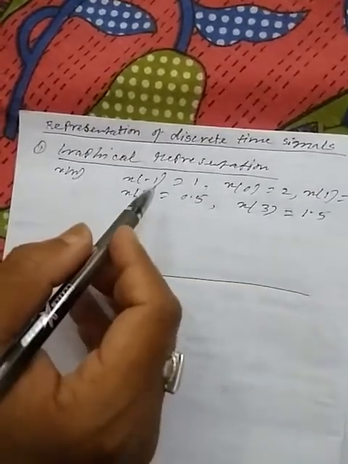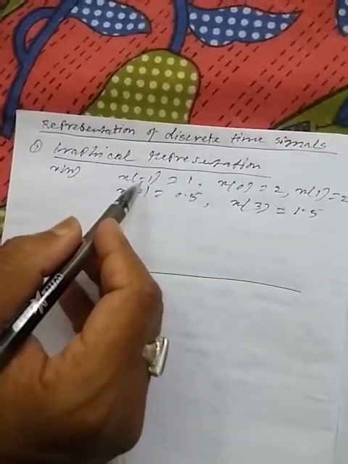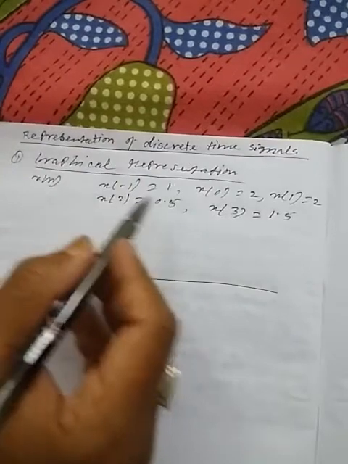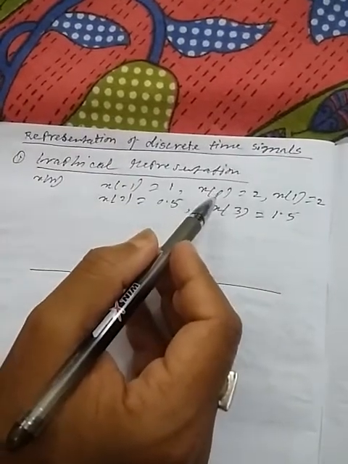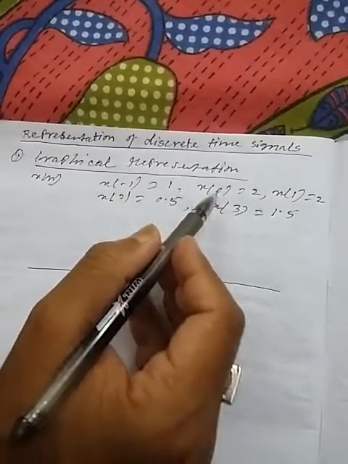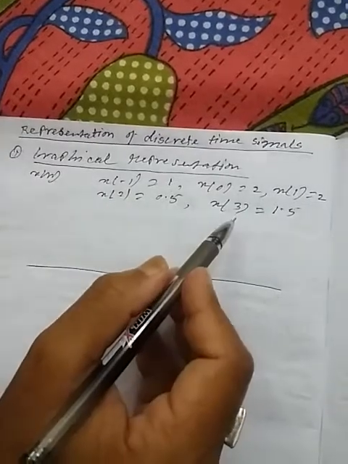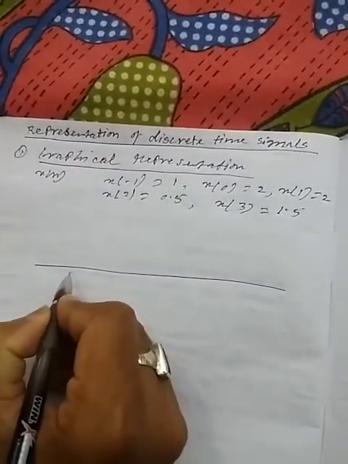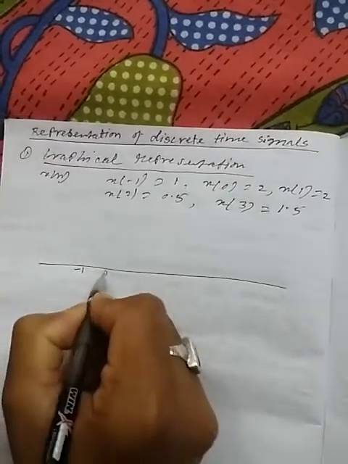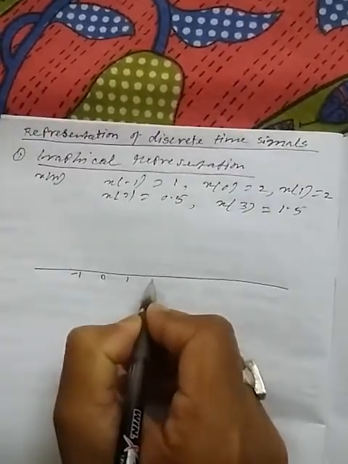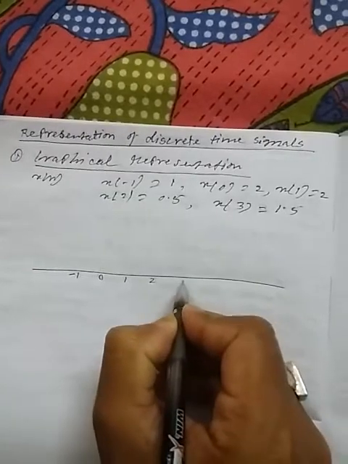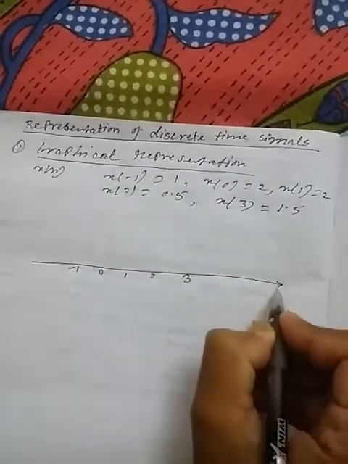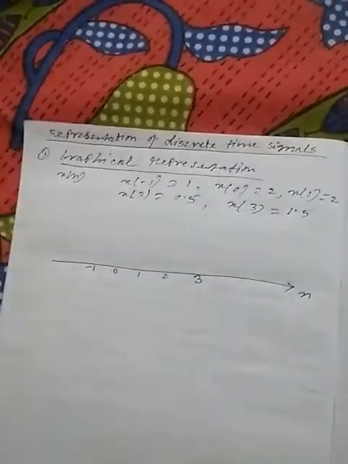So the values of n start from -1 and take the values 0, 1, 2 and 3. So here we will start from -1, then 0, 1, 2 and 3. This is the n axis.